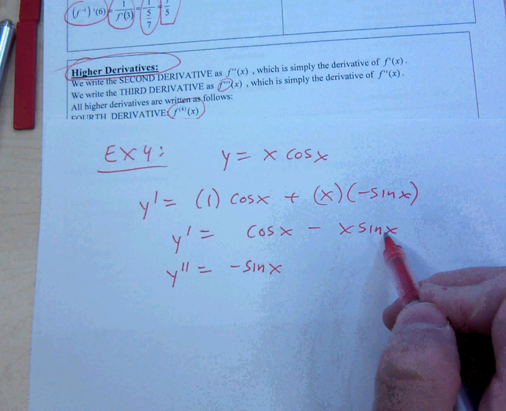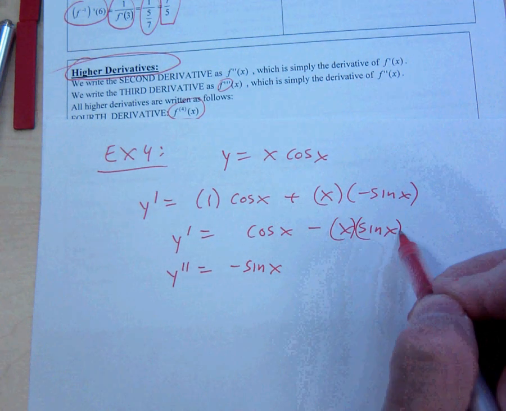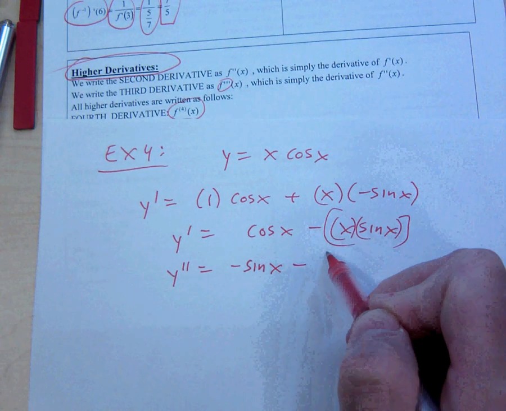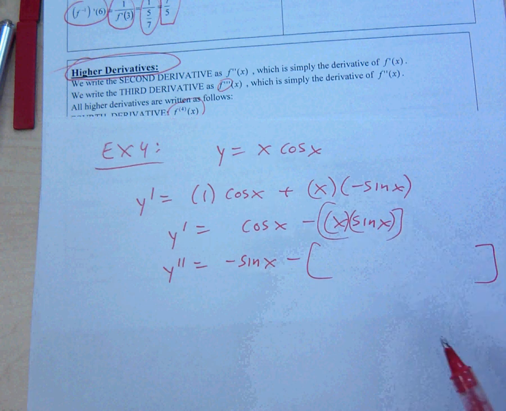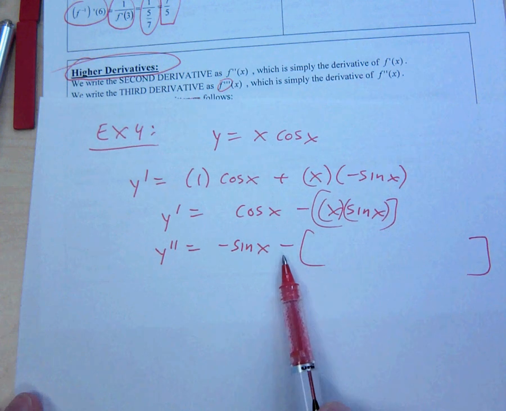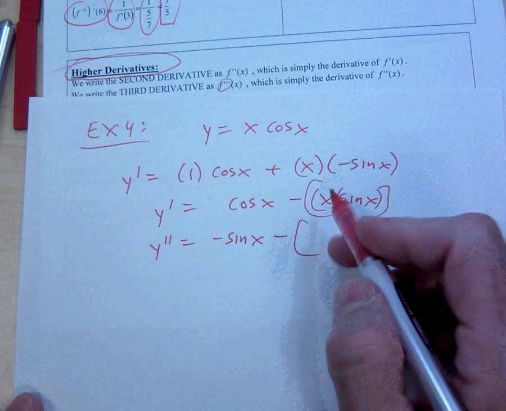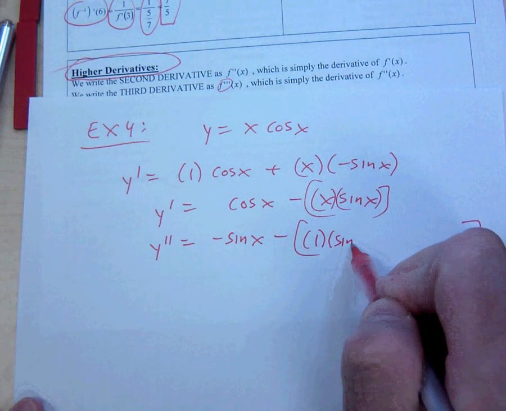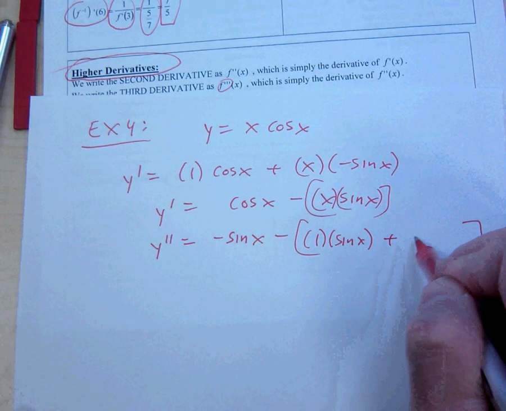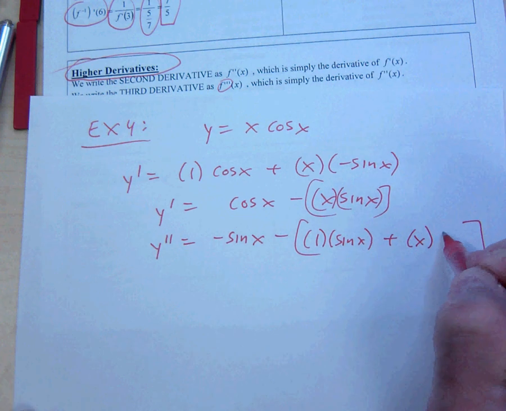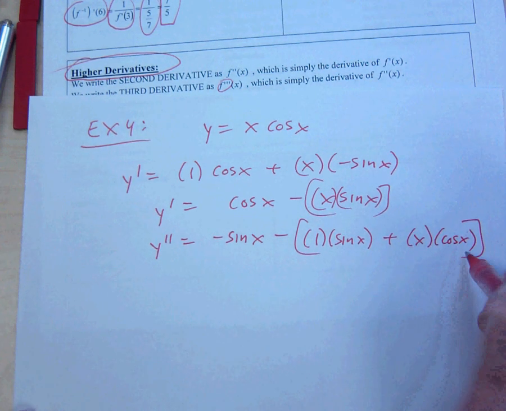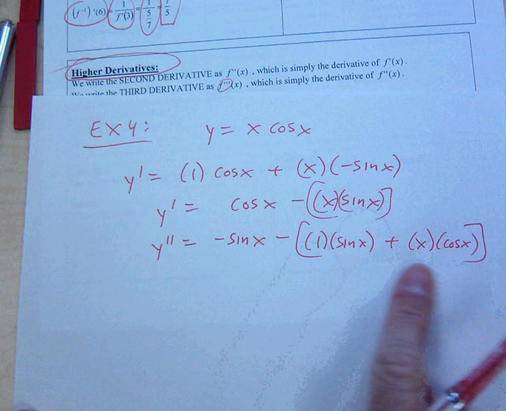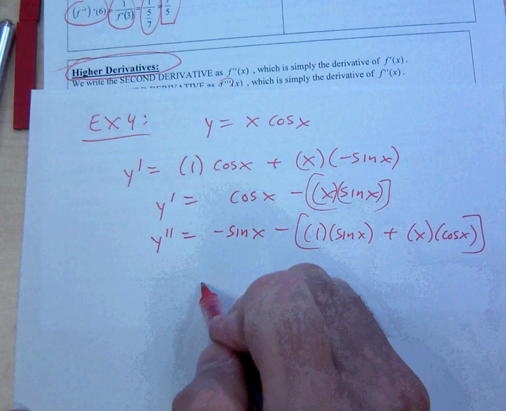So you have to use the product rule here, and when I use the product rule, I'm going to put it in parentheses, right? So I remember to distribute the negative, or the minus, later. Okay, good. Everybody agrees she used the product rule there to get that. And then we're going to simply distribute the subtraction.